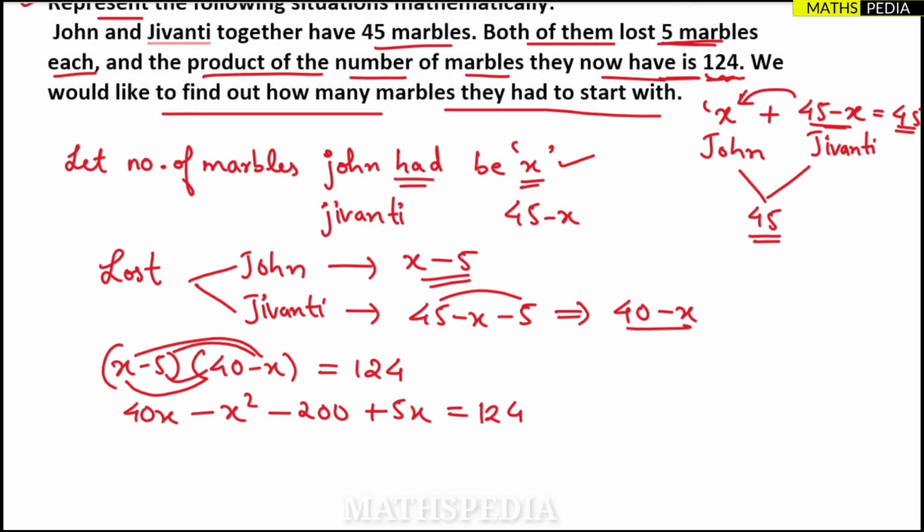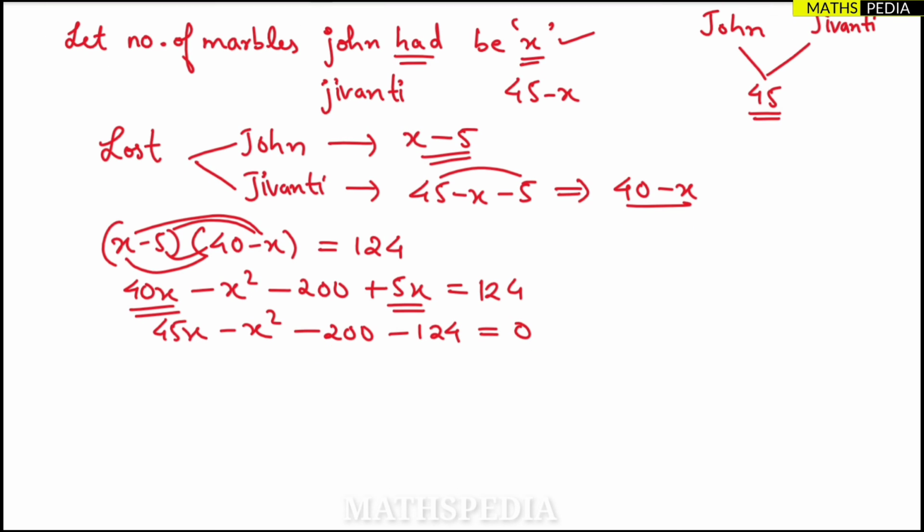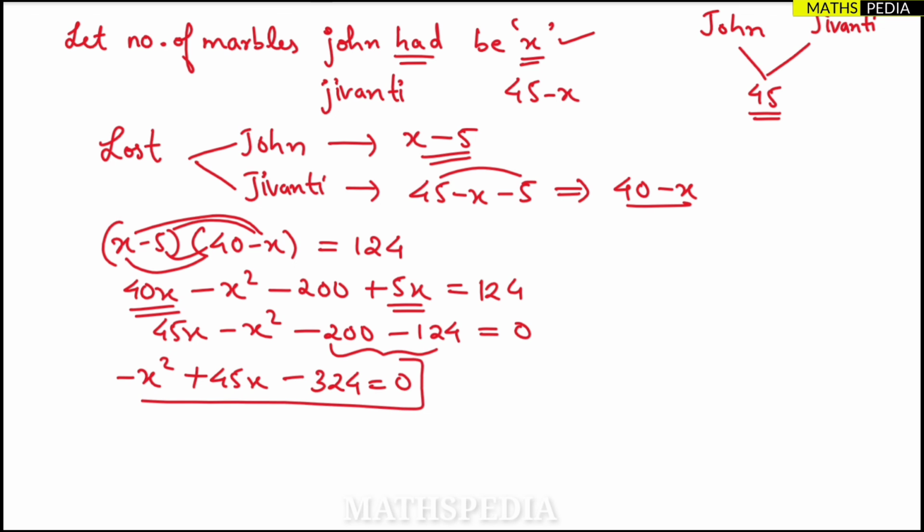For the simplification, 40x and 5x make 45x, so 45x minus x square minus 200. Bring this 124 to this side, it will be minus 124 equal to 0. Now I'll place x square on this side: minus x square plus 45x minus 324 equal to 0. This will be the final quadratic equation.